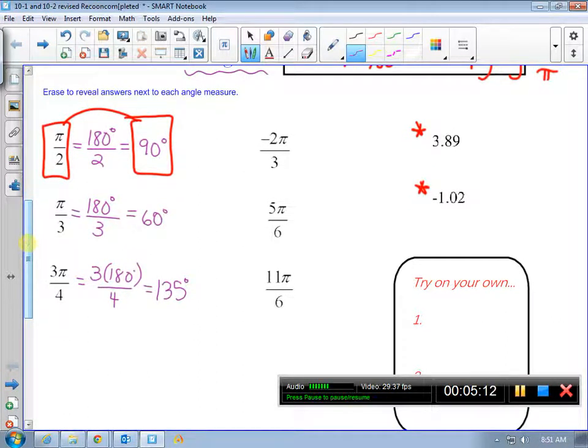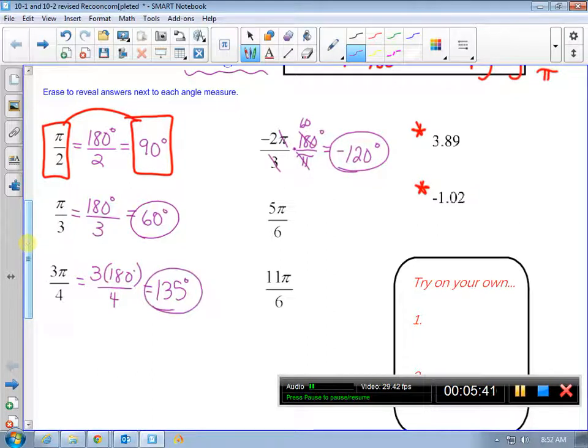Negative 2 pi divided by 3, we multiply by 180 degrees over pi. This way, the pi radians cancel out, and we just have to do the rest of the arithmetic. I do some of this in my head. 3 goes into 180 60 times, and we end up with negative 120 degrees. Let's circle these. 5 pi divided by 6, using the method of multiplying, we want our degrees on top, because we're converting to that unit.